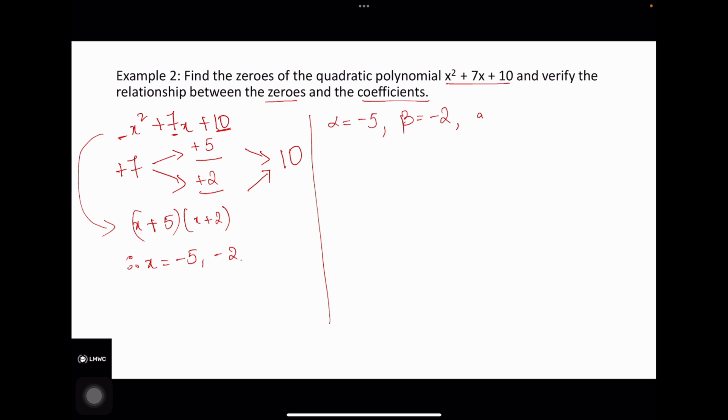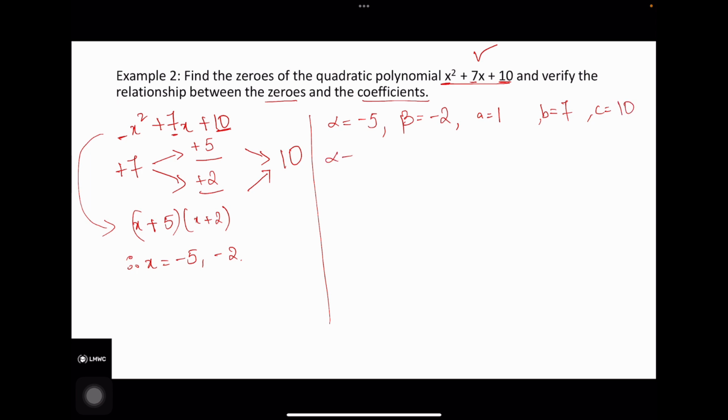So we need a, b, and c to substitute in the formula. We can find a, b, c from the quadratic polynomial: a being the coefficient of x squared, which is 1, b being the coefficient of x, which is positive 7, and c being the constant term, which is positive 10.